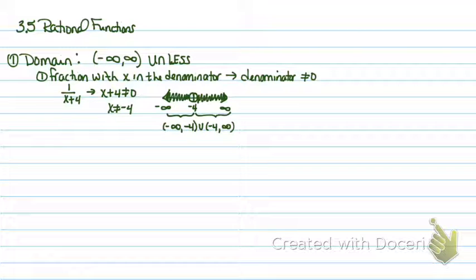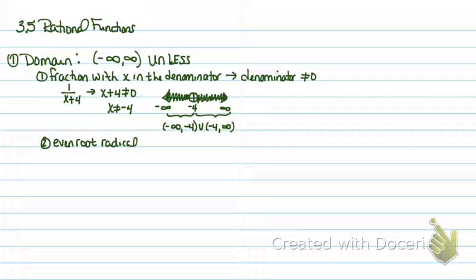Alright, the other thing you have to watch out for is if you have an even root radical. So even, remember, even numbers: 2, 4, 6, 8, 10, etc. Root radical, so like if I have a square root, a fourth root, a 10th root, a 100th root, okay? Those are all even roots.